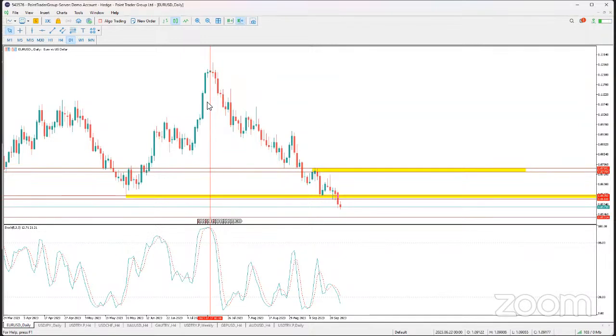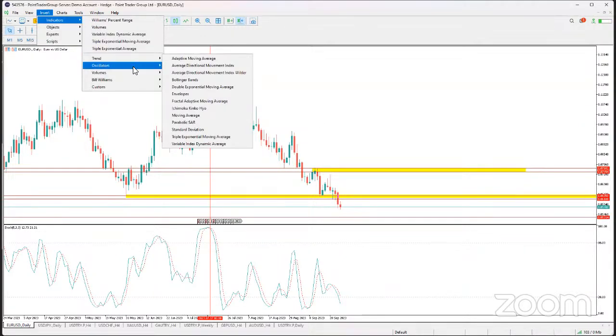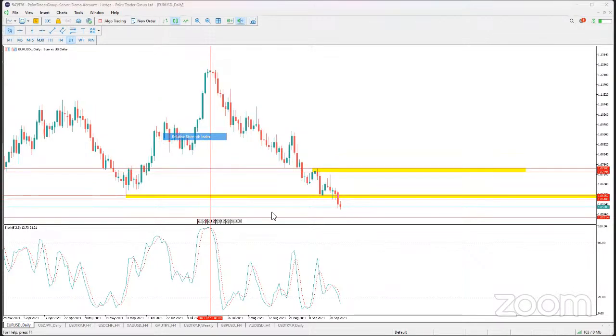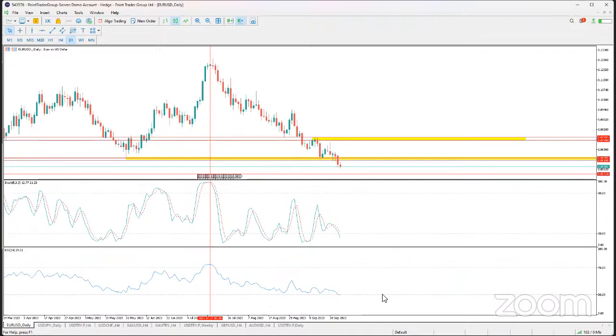Now, relative strength index is another indicator that could be found here as well. It is the same concept as the stochastic oscillator, but it is simply one line. I don't want to dive into calculations and how the indicator was made, because that has nothing to do with trading.